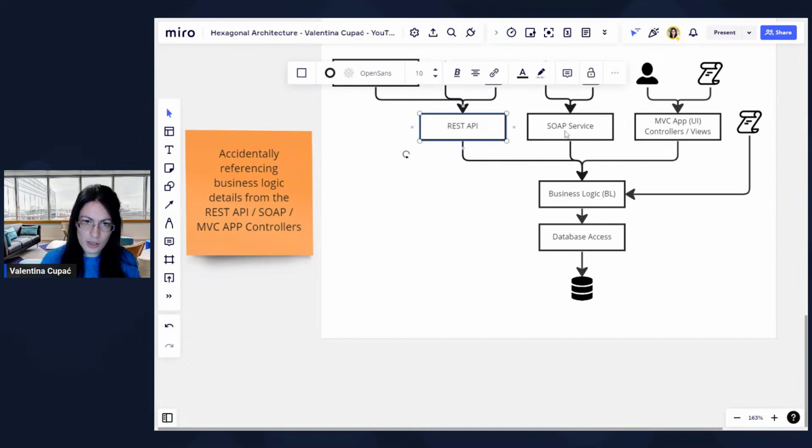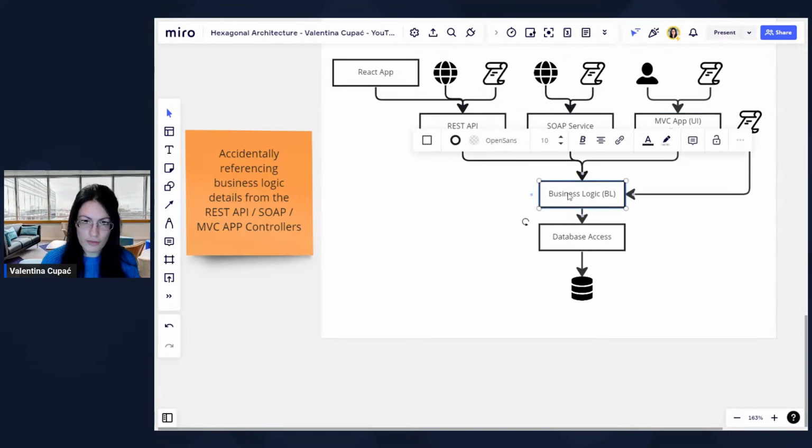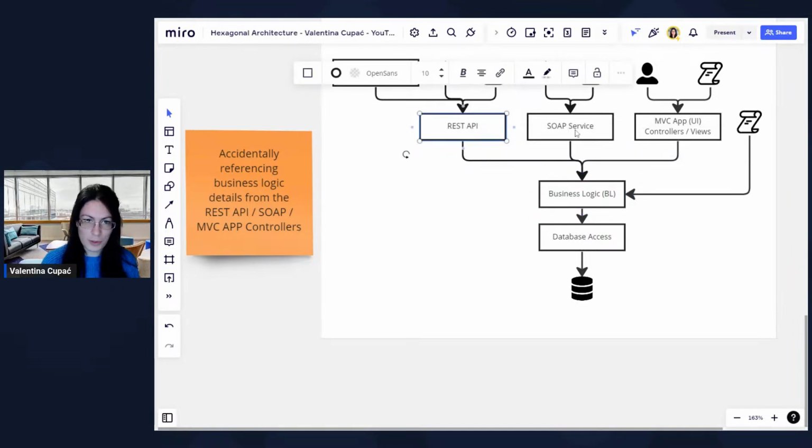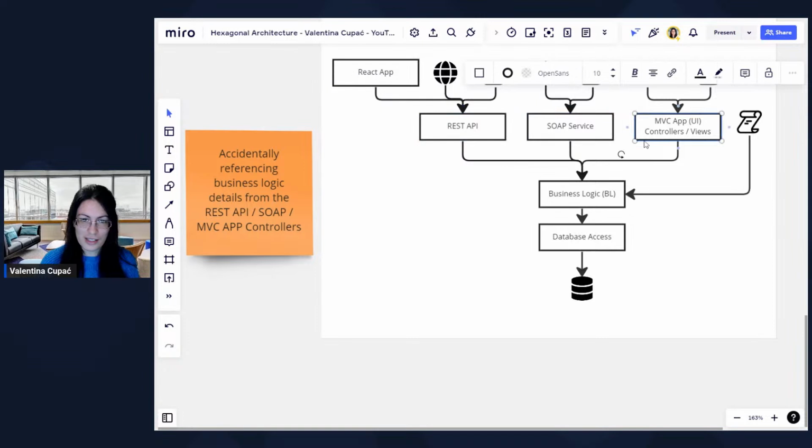The reason why this is possible is because each of these has full reference to the business logic layer. So this means they can directly call whatever they want, the order entity, the customer entity can invoke absolutely any methods. There is zero control. And what happens is that then developers even start writing if-else statements and various other kind of logic at this layer.